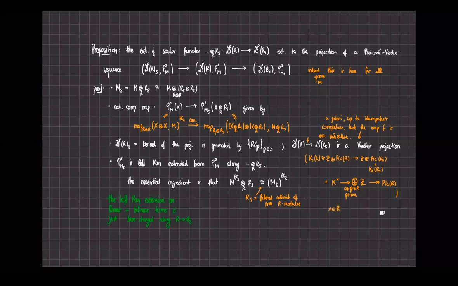So an element x in R you just send to... Because R is a Dedekind ring, you can write the ideal generated by x as P1 to the R1, and so on, up to some other prime Pn to the Rn. And then you send this little x to the tuple of Ri indexed over the Pi's.